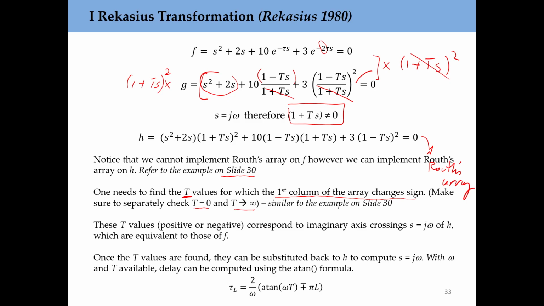Once you do that, you will have obtained all the t values for which a crossing is going to happen or is likely to happen. And then you go to row 2 of the Routh array and construct a sign agreement condition, as we have done earlier. And if the sign agreement condition also holds, then you know that there's an omega value that you can compute with the formula square root of R22 over R21.